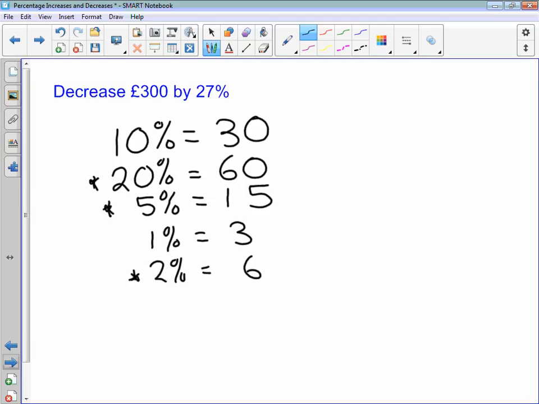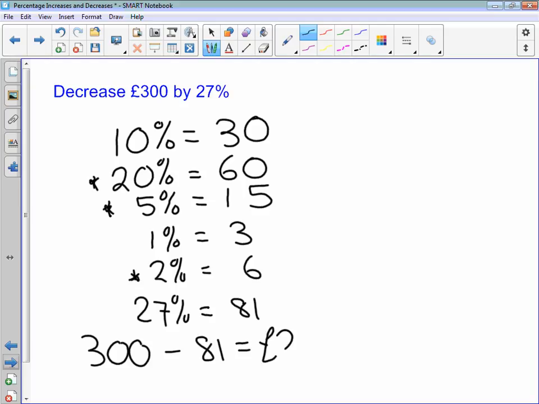And if I do that, I end up with 27%, equaling £81. I need to subtract this now because I'm doing a percentage decrease. So 300 subtract 81 is £219. So I've now decreased £300 by 27%.